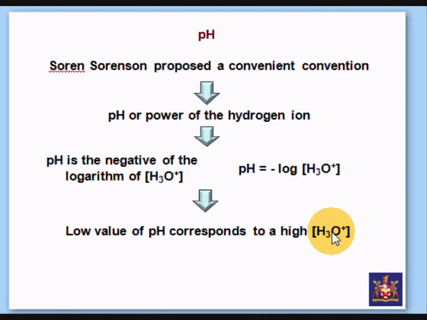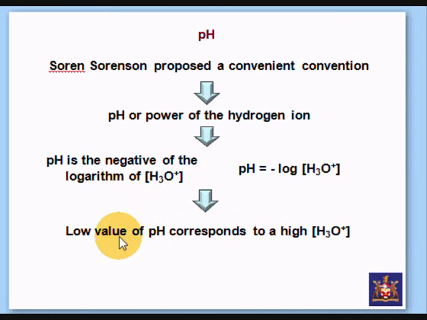But when you work out the minus log of each of them, 10 to the minus 5 turns out to be 5, 10 to the minus 4 turns out to be 4, 10 to the minus 3 turns out to be 3. So as the concentration gets higher, 10 to the minus 4, 10 to the minus 3, etc., the pH value is lower.